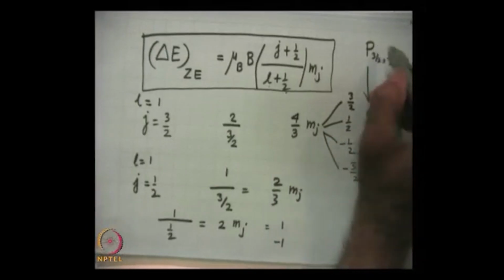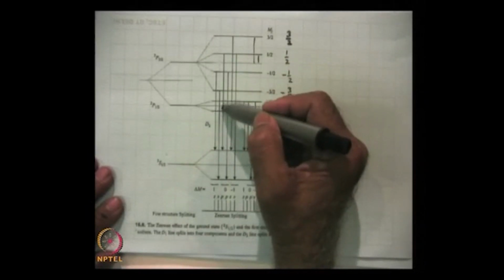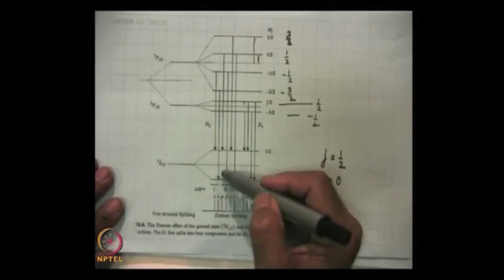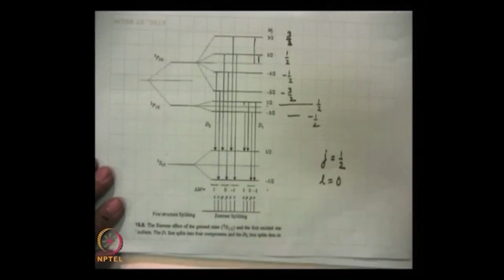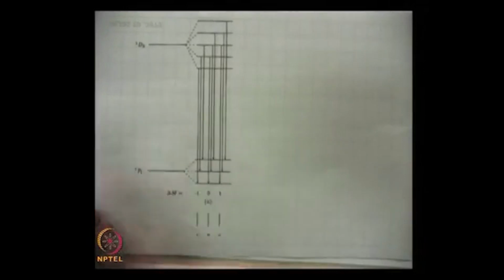The P 3 by 2 state splits up into 4 levels and the P half state splits up into 2 levels. The doublet S half state leads to 2 levels, and this results in 6 plus 4, 10 lines. And we had this normal Zeeman effect in which we had neglected the effect of the spin.